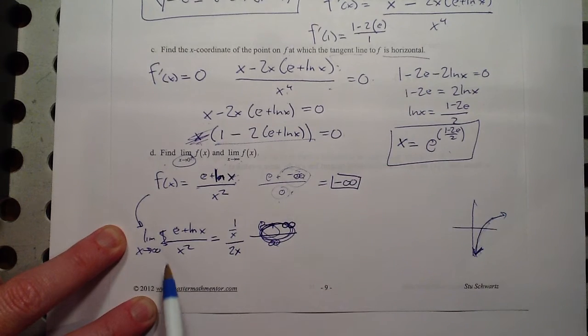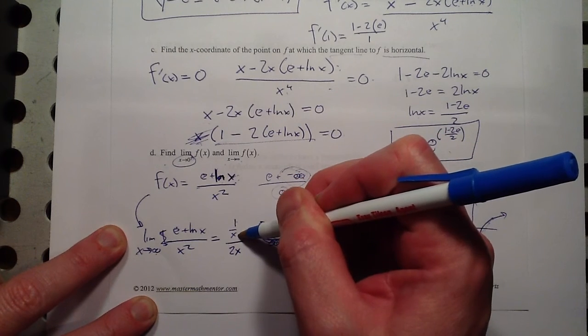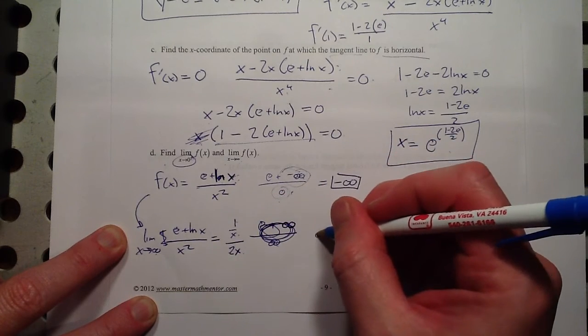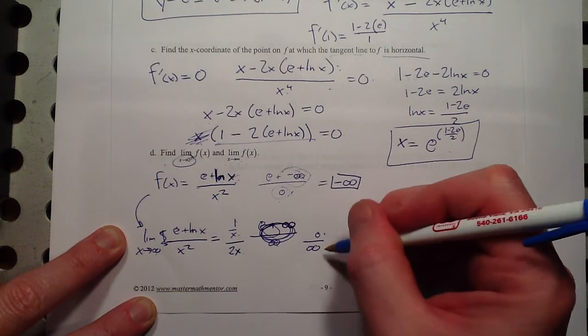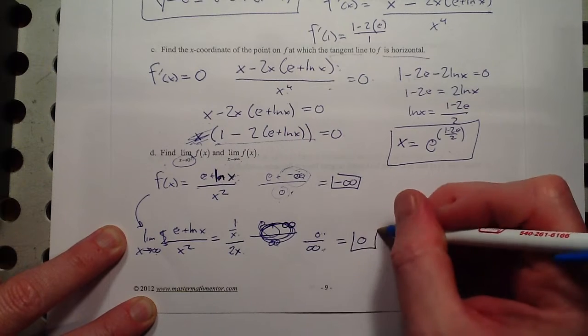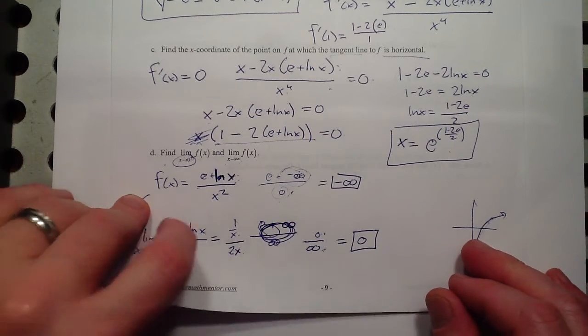Now we try plugging in the infinity. We get 1 over infinity is 0 over 2 times infinity is infinity. That's 0 over infinity. That's not indeterminate. 0 over infinity, 0 over huge number, is 0. So L'Hopital's rule worked for us there. All right. That was fun.